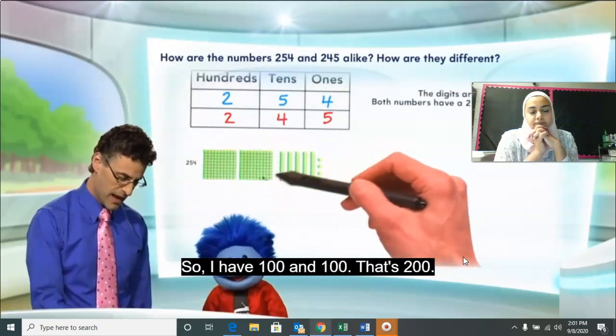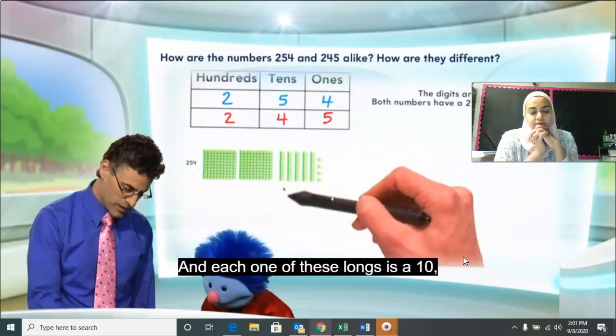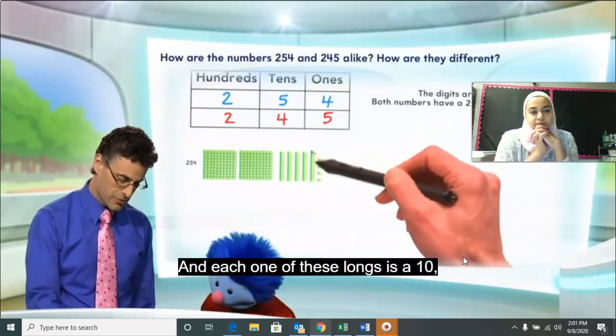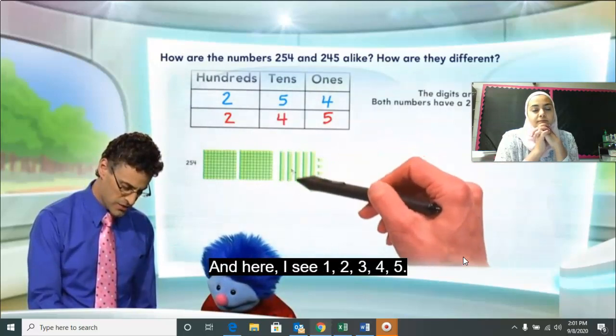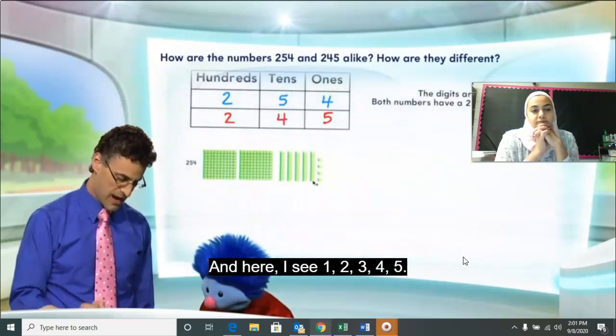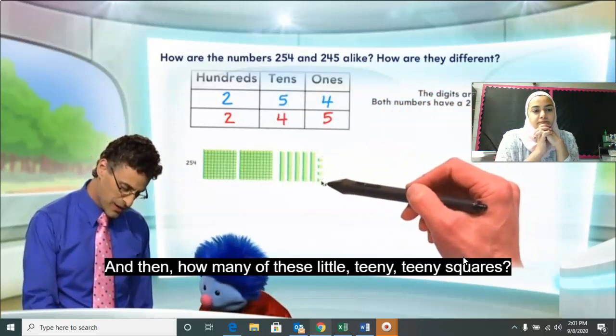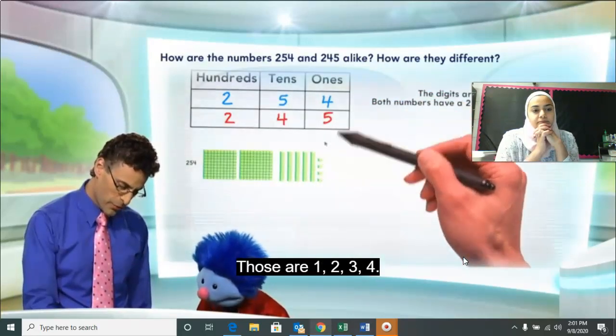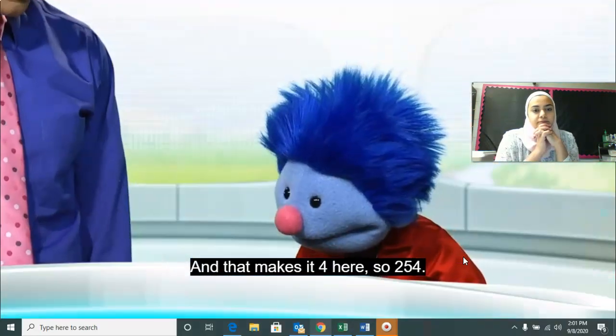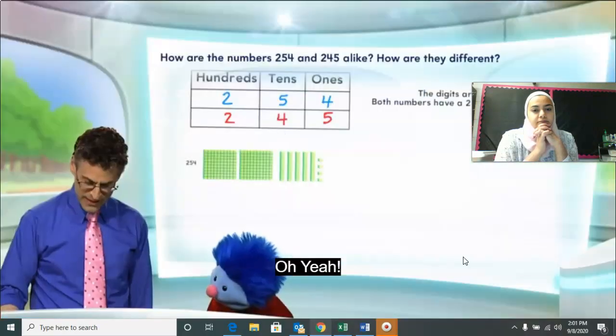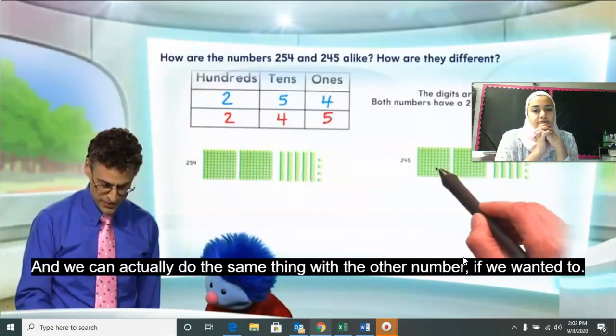So I have 100 and 100, that's 200. And each one of these longs is a 10. So it represents tens. And here I see 1, 2, 3, 4, 5. So 5 tens. And then how many of these little teeny squares? Those are 1, 2, 3, 4, and that makes a 4 here. So 254. Oh, yeah.